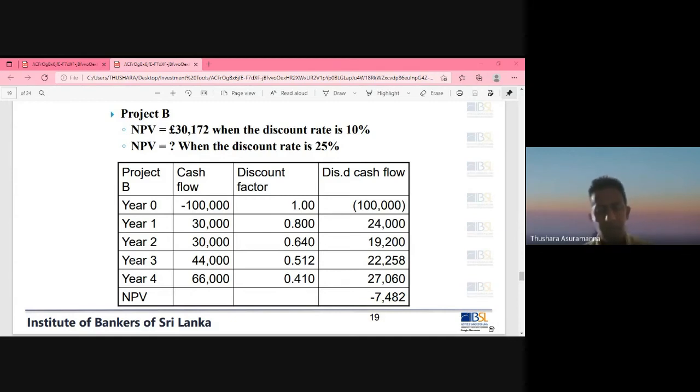IRR is equal to the lower interest rate, that's X1, R1, plus NPV1 divided by the change of NPV, that is NPV1 plus NPV2, multiplied by the change of interest rate, X2 minus X1. Now, X2 minus X1, you get 25 minus 10, 15.